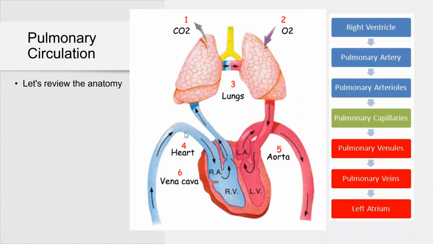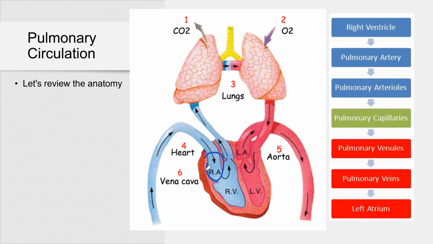So we already mentioned we have pulmonary circulation and we have systemic circulation. You guys need to know blood flow through pulmonary and systemic circulation. We're going to start with the right atrium.